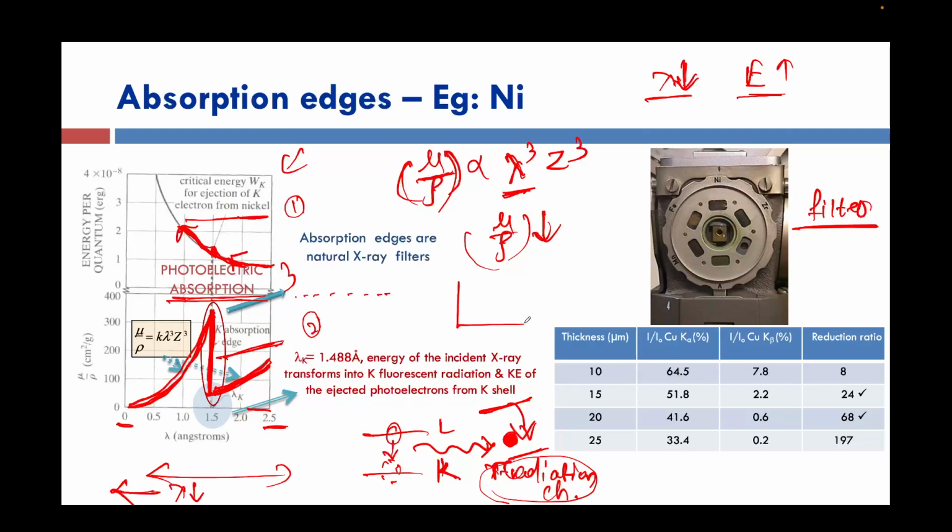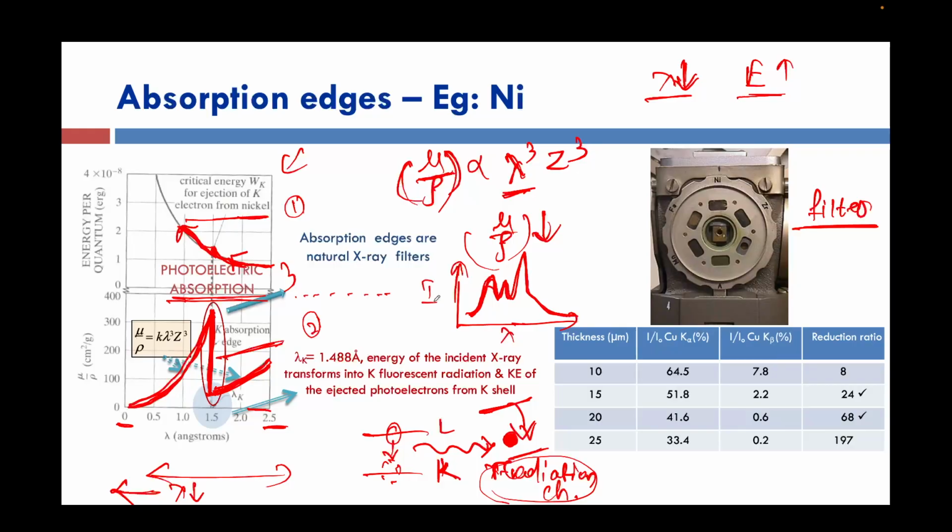Let's say I am getting K alpha here and K beta here. This is a continuous spectrum. This is the K alpha and this is the K beta, this is lambda and this is intensity.